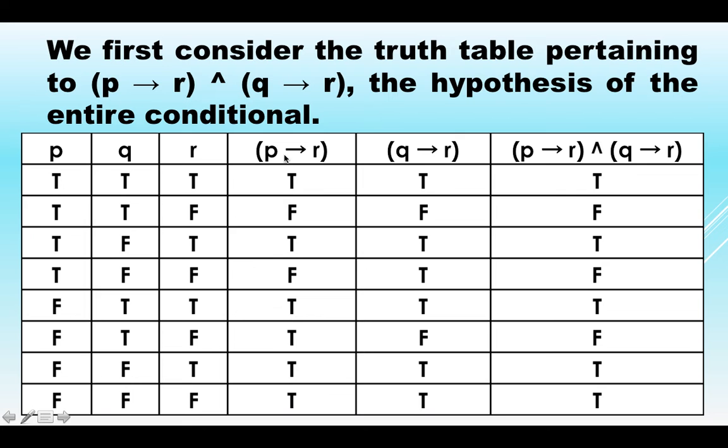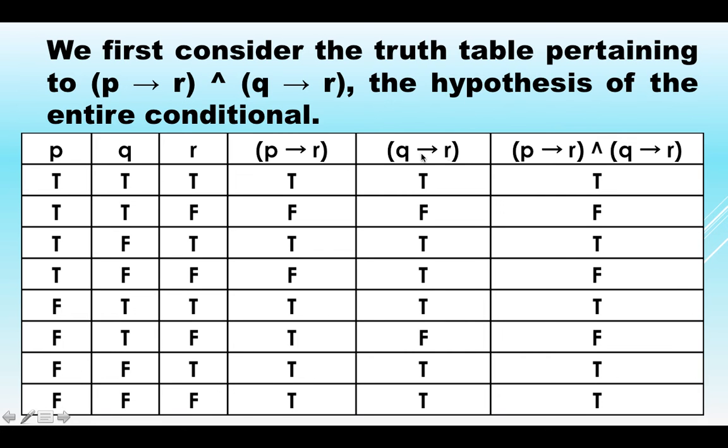For P implies R, again it's a conditional, so TF is F. For P, R true, same. TF false, TT true, TF false again, FT true, FF true, FT true, and FF true.